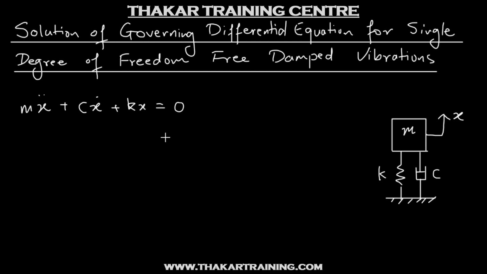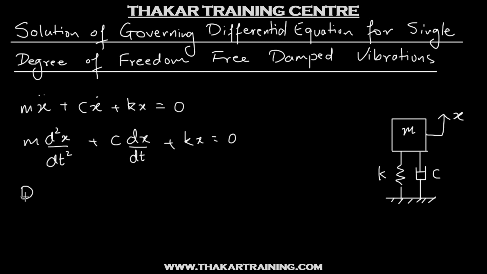Firstly, let me write this in the proper form: m d square x by dt square plus c dx by dt plus kx equal to 0. This is the way in which we are used to looking at differential equations.